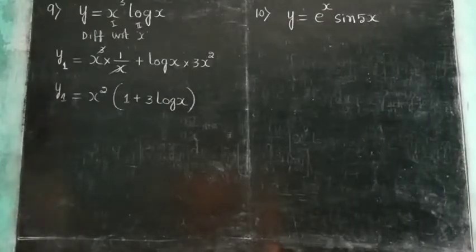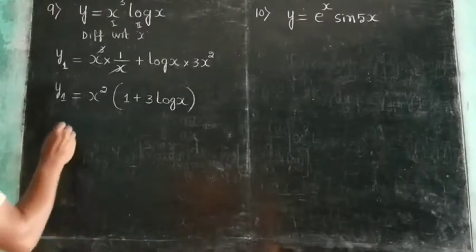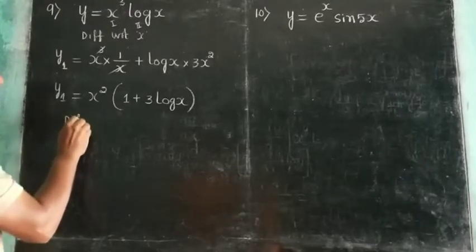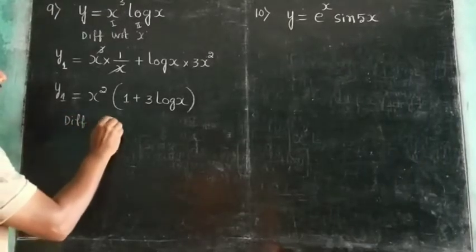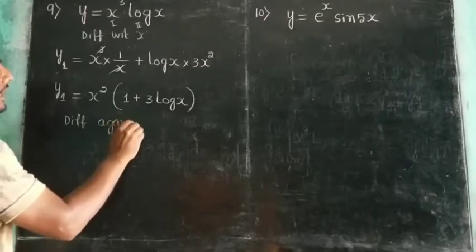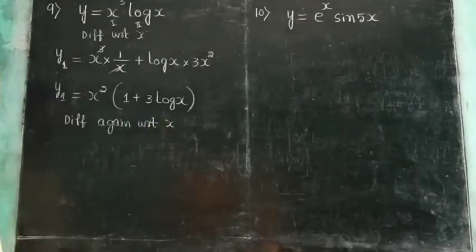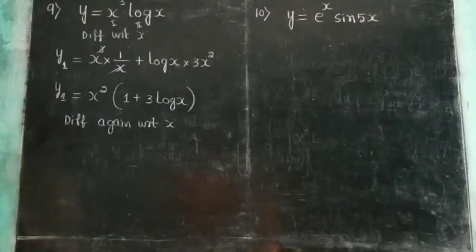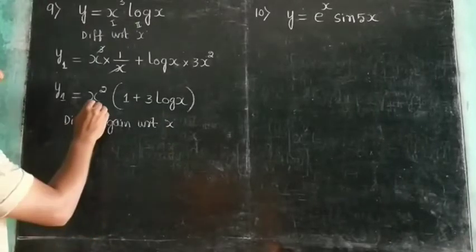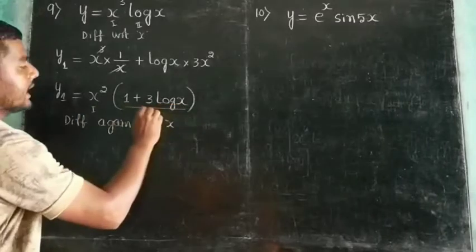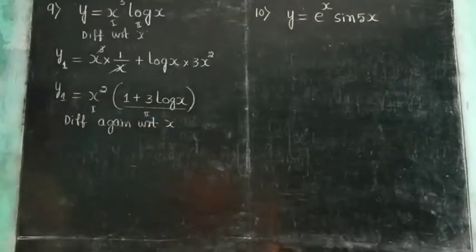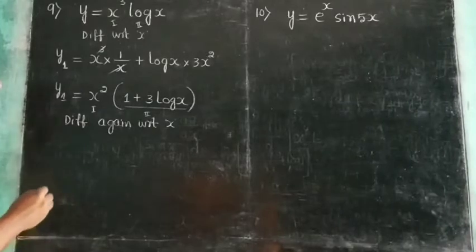We want the second derivative. So differentiate again with respect to x. Here is also product of two functions. First function is x square. Second function is 1 plus 3 log x. Once again, use the product rule.